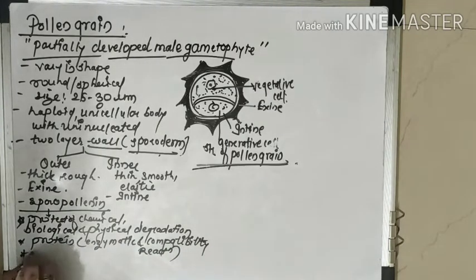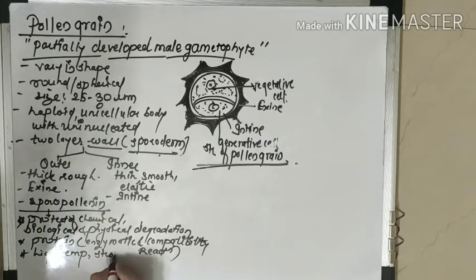Apart from that, one more function of sporopollenin is that it can withstand high temperature, strong acid as well as strong alkali.